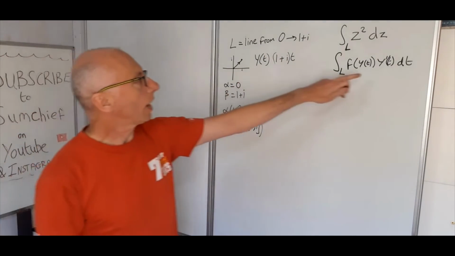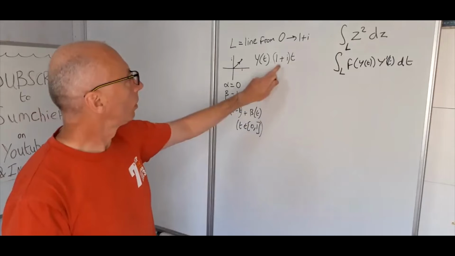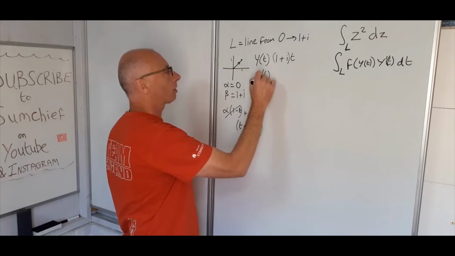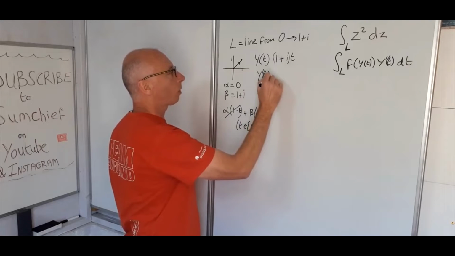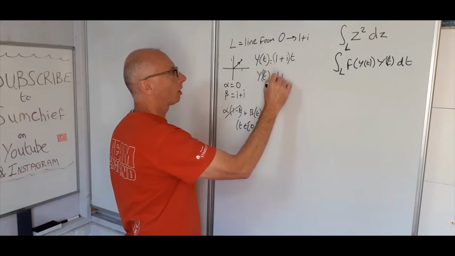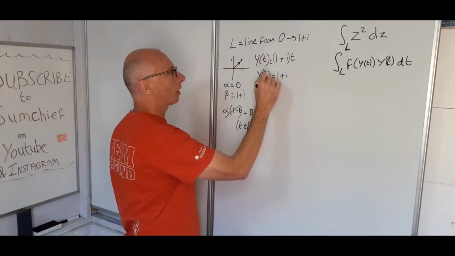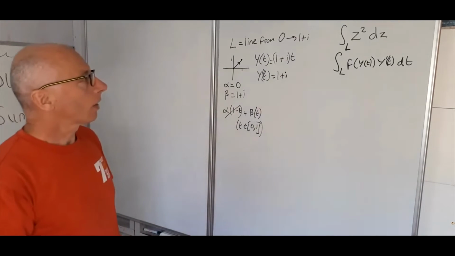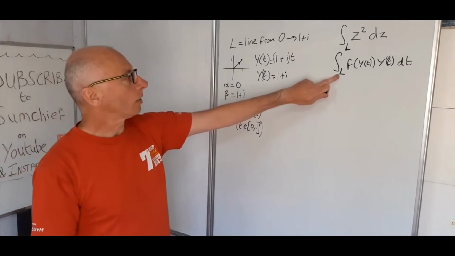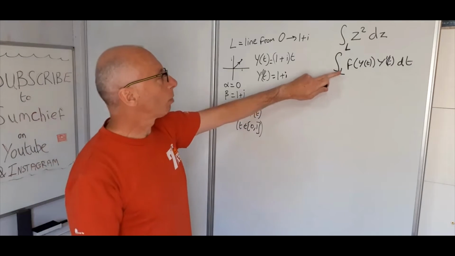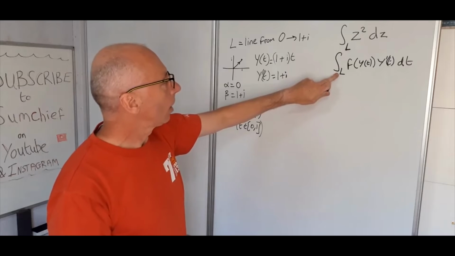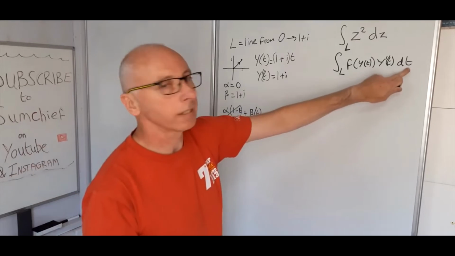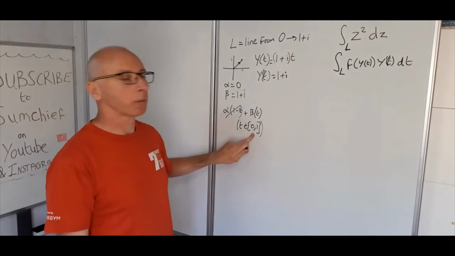While we're at that, we can work out the derivative of this parametrization. So we can say the derivative is just going to be 1 plus i. So how are we going to handle the integration parameters? The line integral is with respect to t, and our t goes from 0 to 1.